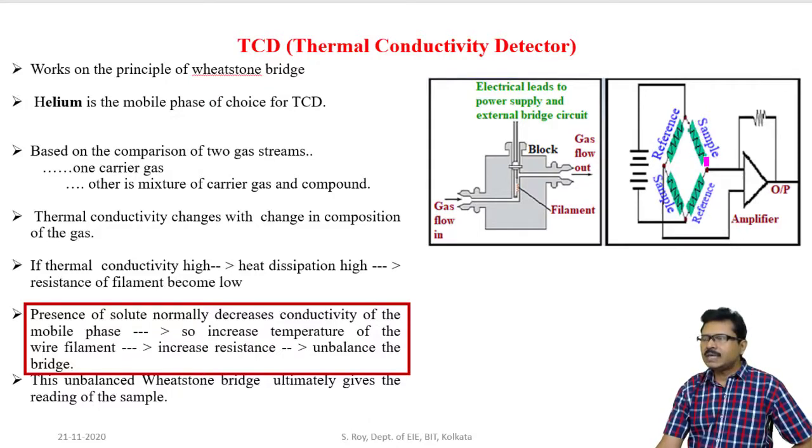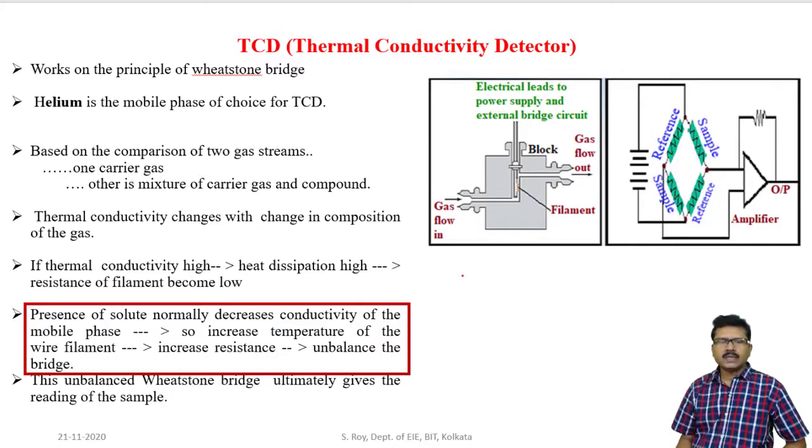As heat dissipation decreases, the temperature of the resistance will increase. When the temperature of the resistance increases, the value of resistance will increase, because of the resistance formula RT is equal to R0 into 1 plus alpha into T, where T is the temperature.